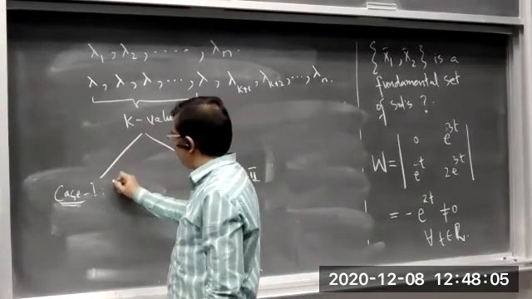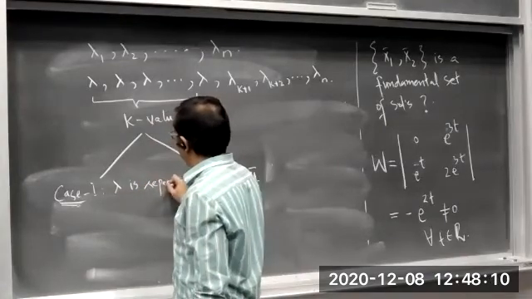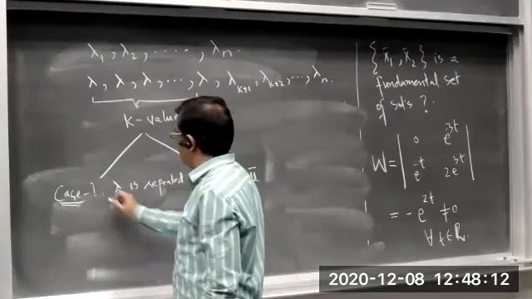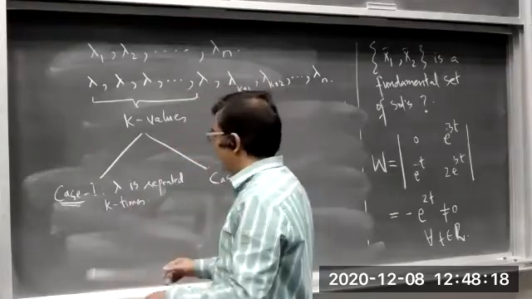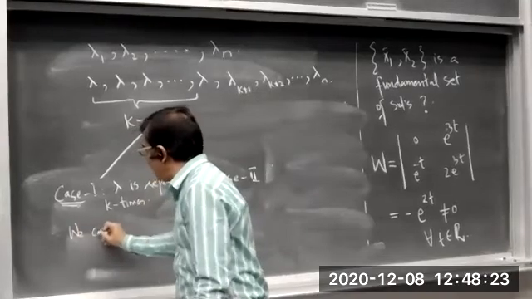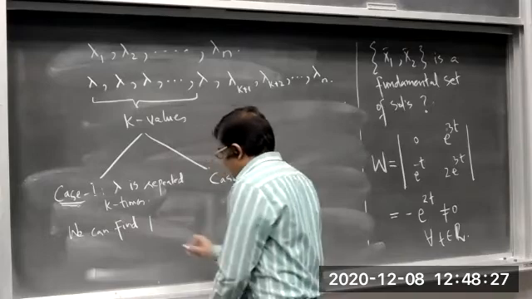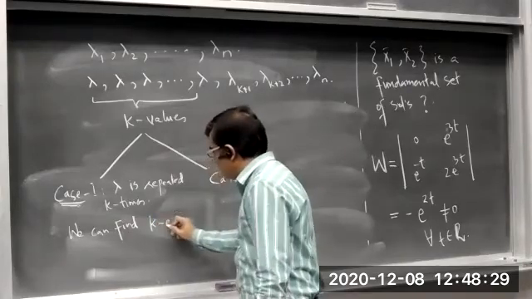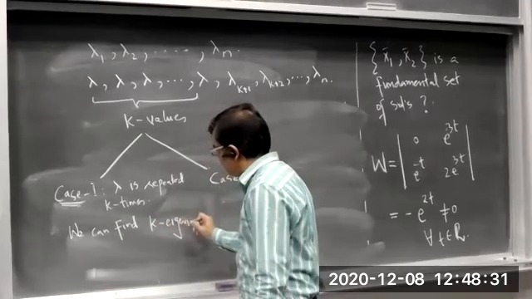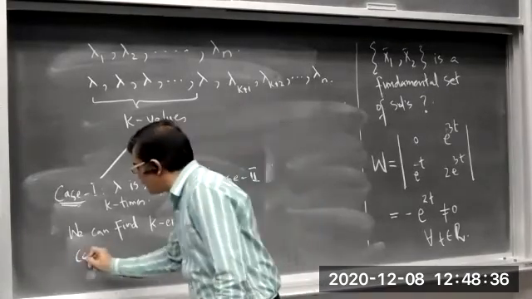Case 1 is lambda is repeated k times, and we can find k eigenvectors corresponding to one eigenvalue. We can find k eigenvectors corresponding to lambda.